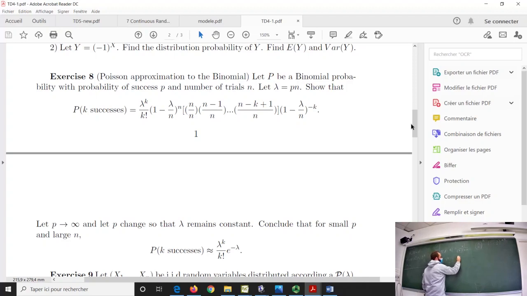I have 1 minus lambda over n to the power minus k, and it remains a term that I have to handle: n factorial over n minus k factorial, and 1 minus lambda over n to the power n, over n to the power k.